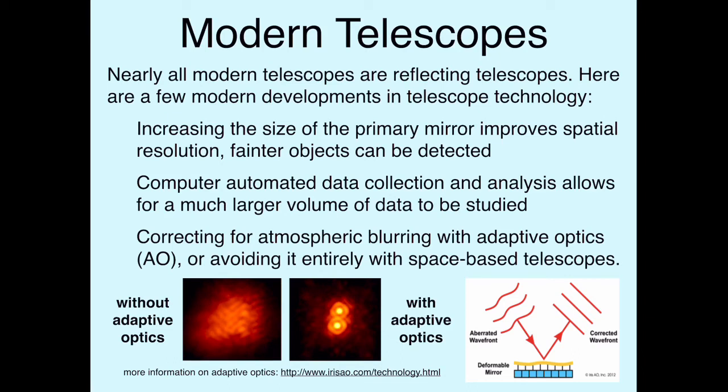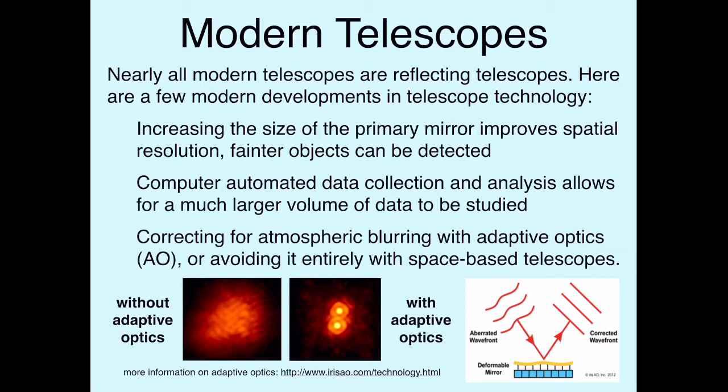So another really important development in the last couple decades is that a lot of the work that's done in operating a telescope, collecting data from a telescope, and analyzing data from a telescope is now automated by computers. So work that used to be done by people can now just be done automatically by computer systems.